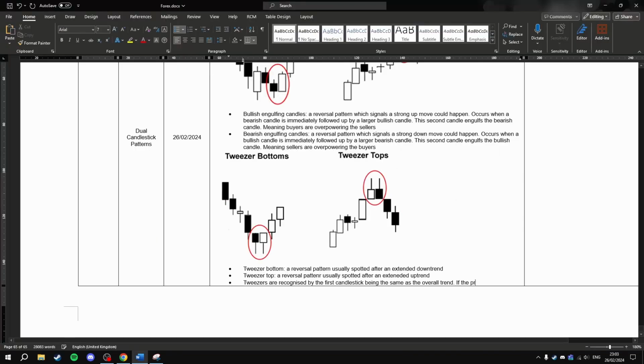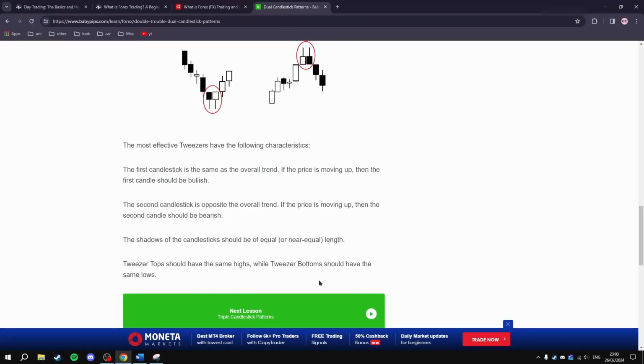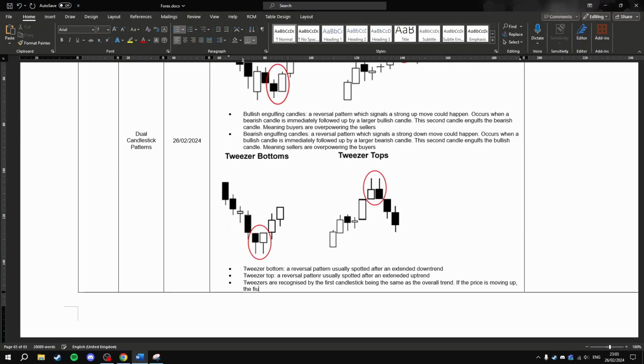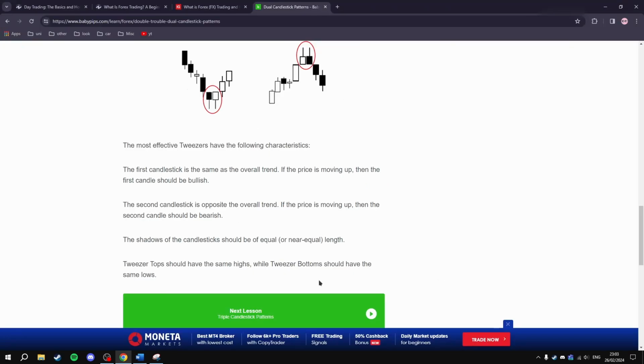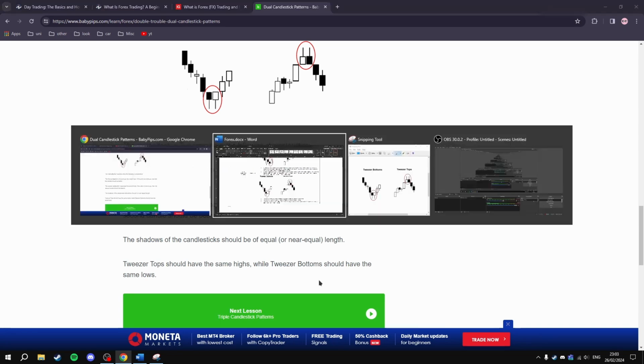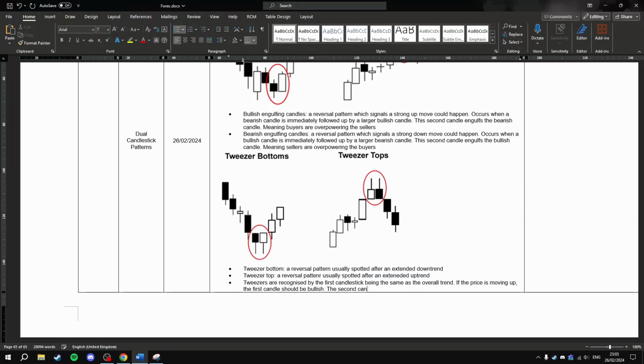If the price is moving up, the first candle should be bullish. The second candlestick is the opposite of the first.